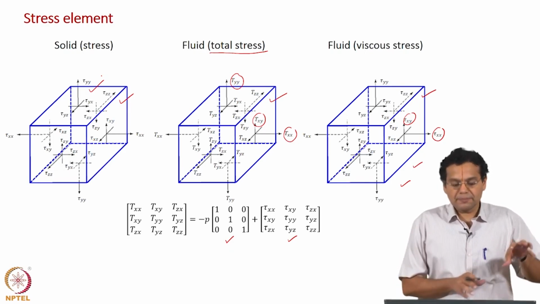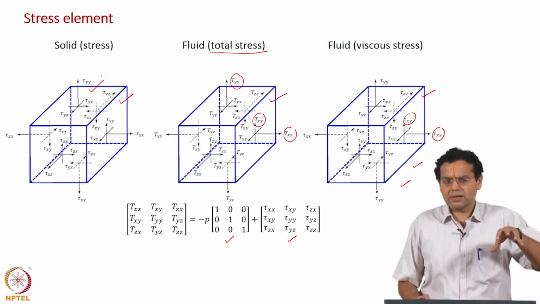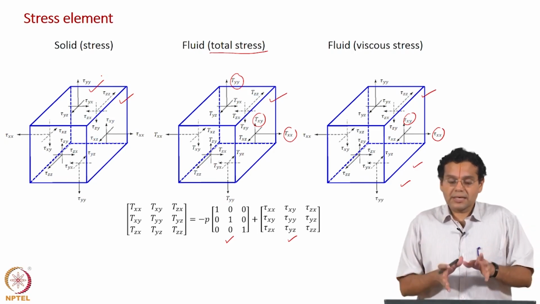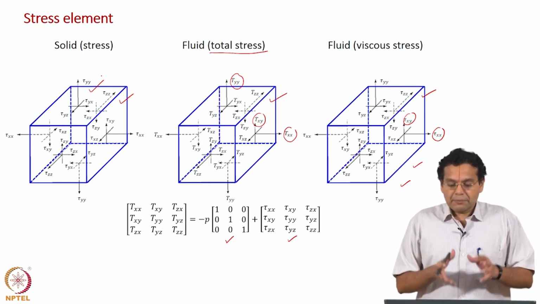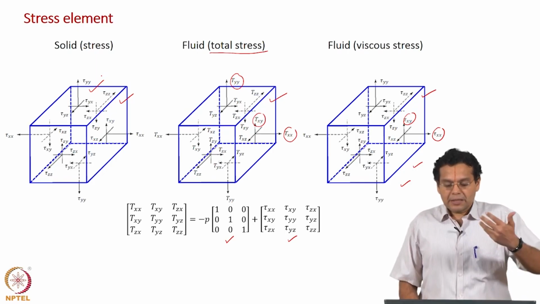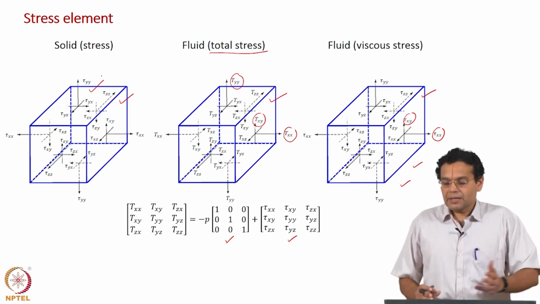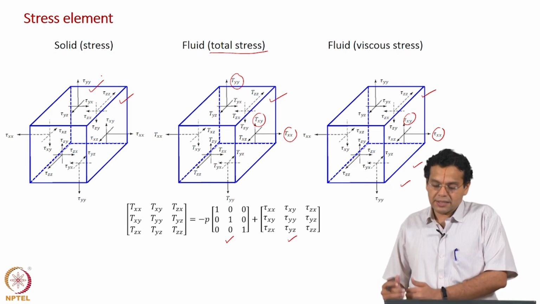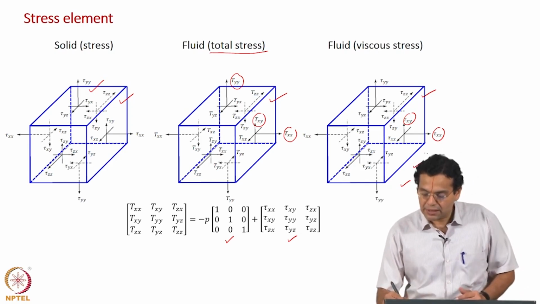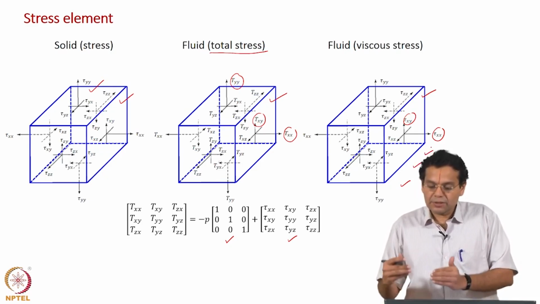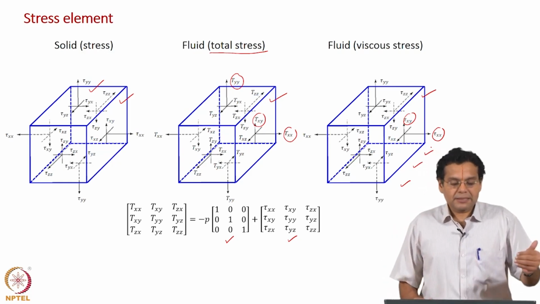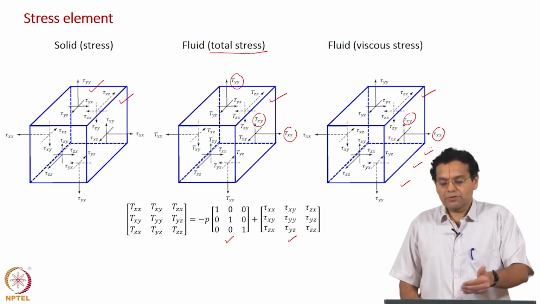So, you have moved from the stress tensor in a solid to the total stress tensor in a fluid, because we have already discussed the hydrostatic stress in the previous slide. We are going to discuss only the viscous stress tensor in the next slide, so in the next slide you will see only this figure. You should not confuse this with what we have discussed earlier for solids and also for fluids.